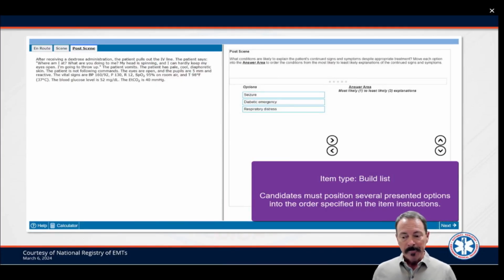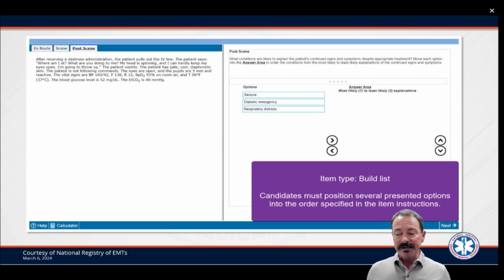So it says, after receiving the dextrose administration, the patient pulls out the IV, and now this is where he is confused and all this other stuff, right? The question says, what conditions are likely to explain the patient's continued signs and symptoms despite appropriate treatment?